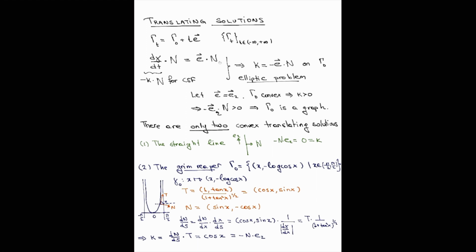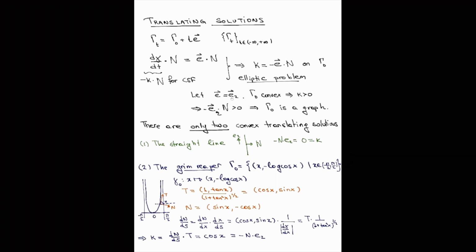So this gives me that the curvature has to be equal to minus E dot n on gamma 0. So these translating solutions, even though it's a parabolic equation at the beginning, so it has the time in it, pretty much boil down to an elliptic problem. So just find a curve that satisfies this, and then when you translate it, you get a translating solution to curve shortening flow.